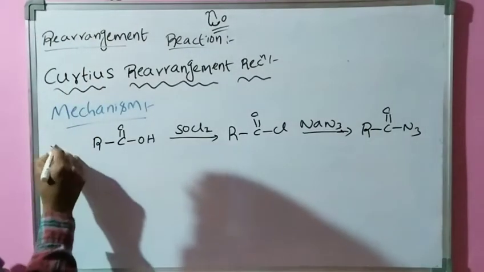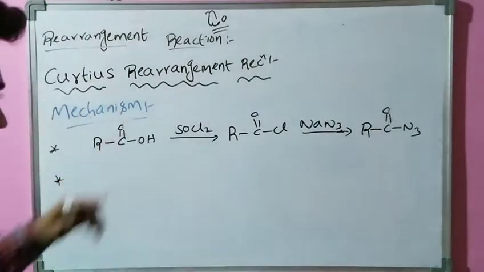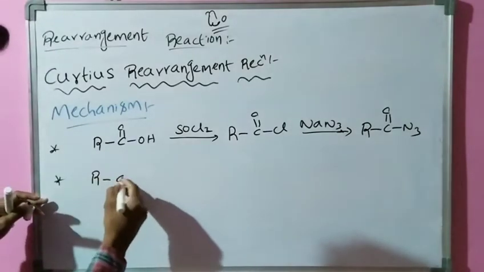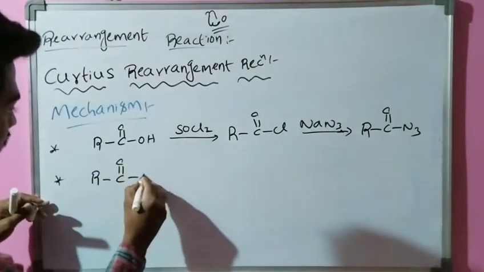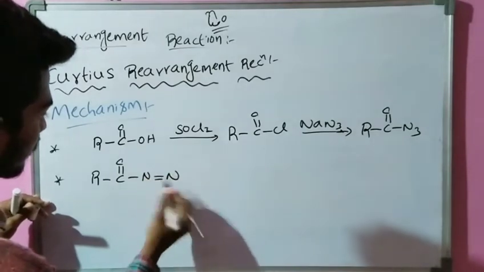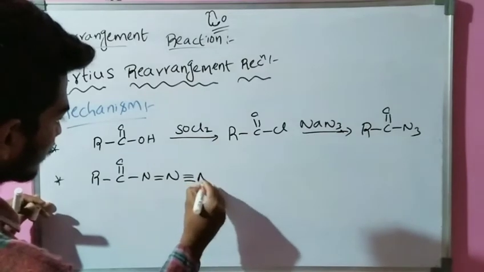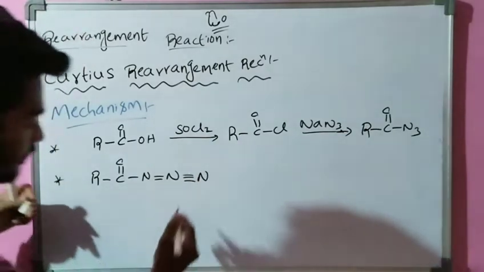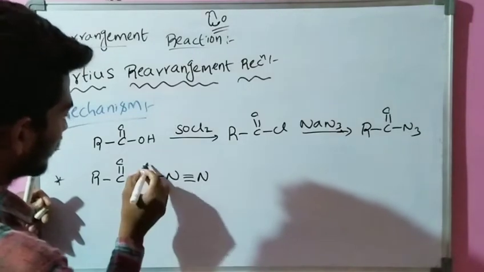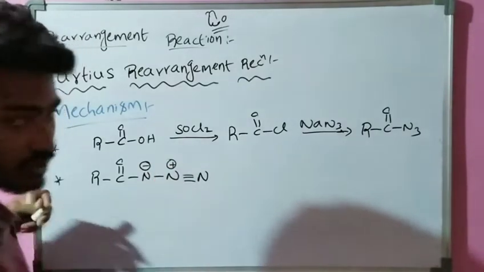Now we are going to the mechanism of this Curtius rearrangement reaction, using this acyl azide. This is the minus charge and this is the plus charge.